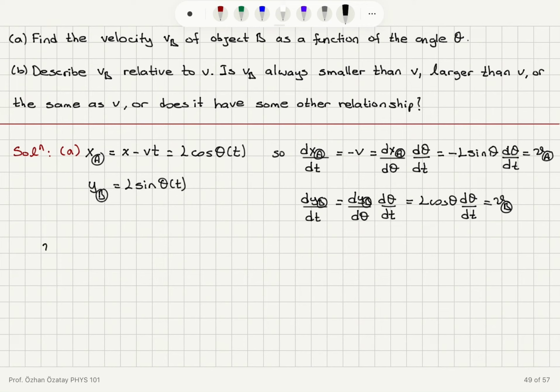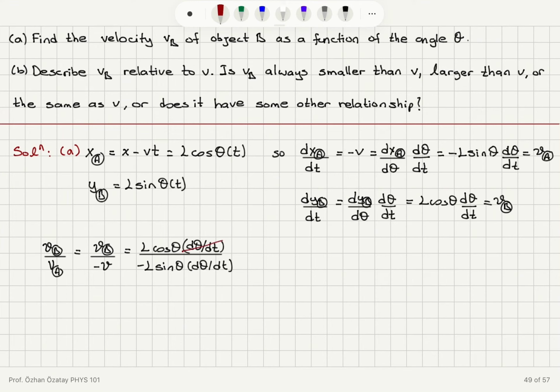Now, if I take the ratio VB to VA, what do I find? It is VB divided by minus V, which is VB is L cosine theta d theta/dt, and VA is minus L sine theta d theta/dt.